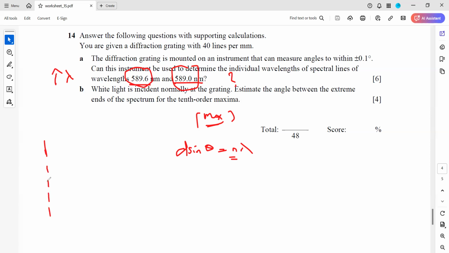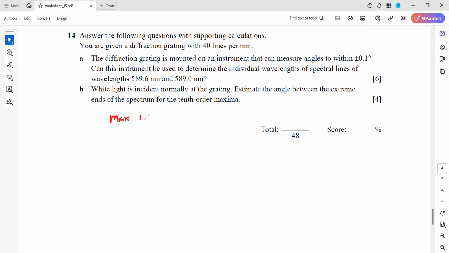So if I need the maximum value of n, the maximum number of spectral lines, what should theta be? Theta should always be 90.